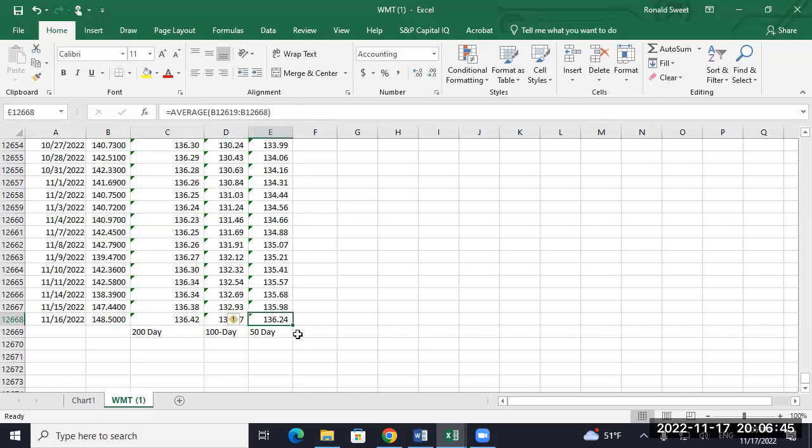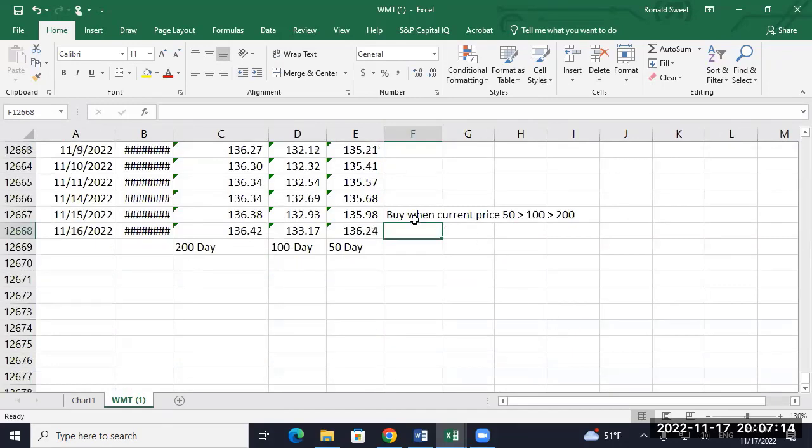So what do you want with real momentum? I'll tell you, this is no longer inside information because the CEO that ordered us to do this doesn't work there anymore. But he said, buy when the current price is greater than the 50, when the 50 is greater than the 100, and when the 100 is greater than the 200, that's when you buy.